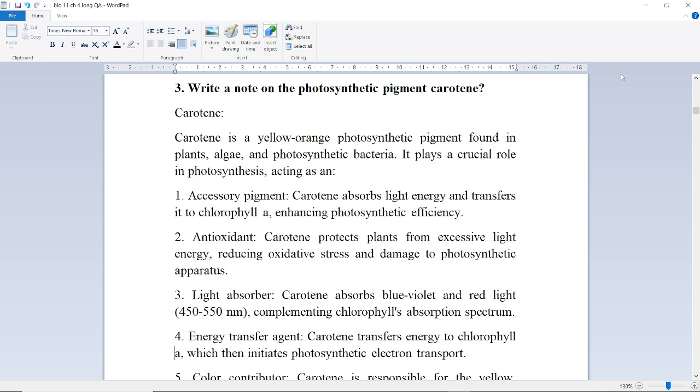Antioxidant: Carotene protects plants from excessive light energy, reducing oxidative stress and damage to the photosynthetic apparatus. Light absorber: Carotene absorbs blue, violet, and red light, 450 to 550 nanometers, complementing chlorophyll's absorption spectrum.